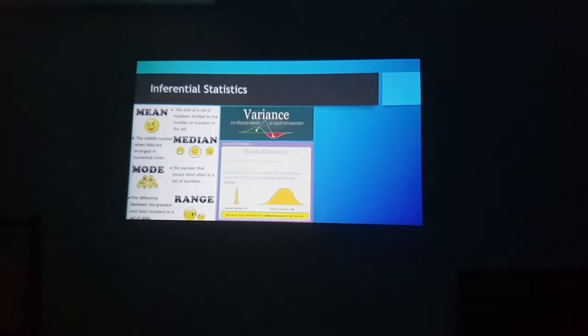Inferential statistics allows us to use what we have learned from descriptive statistics, using gathered data and the resulting descriptive statistics, such as mean, median, mode, range, standard deviation, variance. Inferential statistics extend beyond the immediate data.